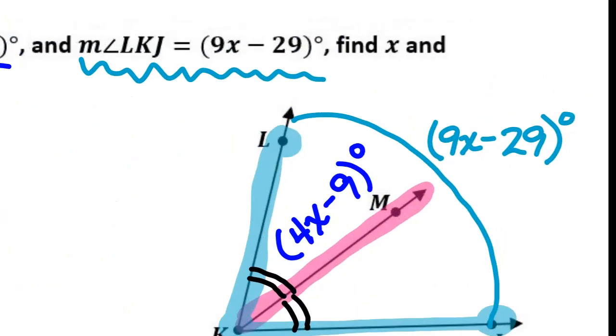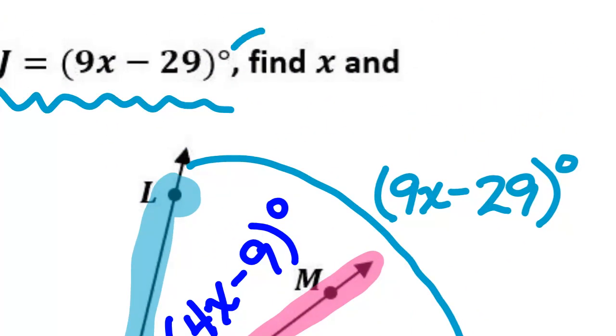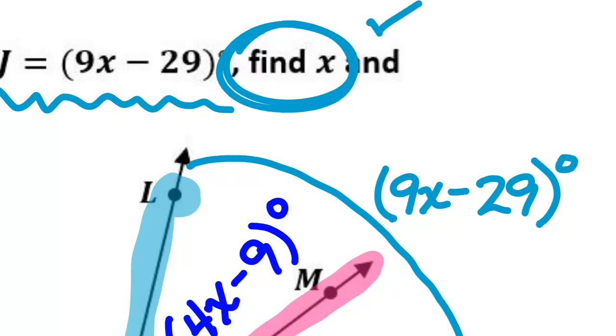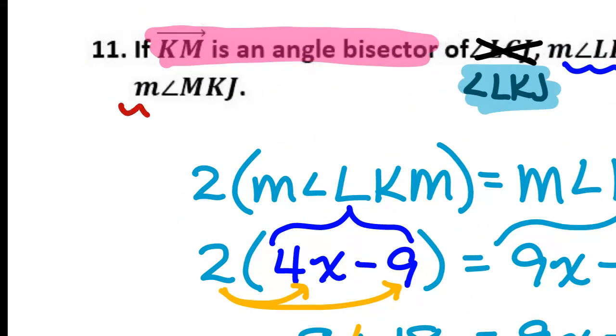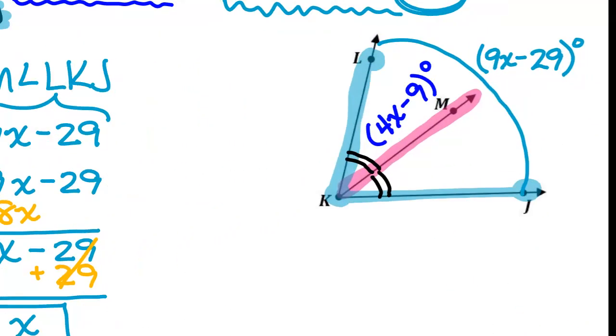All right. We did part of what they asked me to do. They said find x. We did that. What else were we supposed to accomplish in this problem? Find MKJ. Go over to my picture. M down to K and then over to J. So this angle right here.